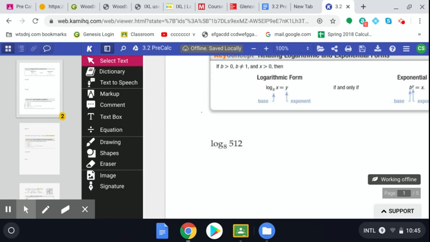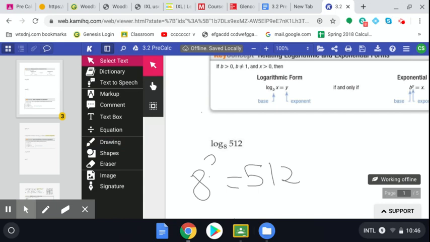So what that means is that if you were to rewrite it in exponent form, you'd say 8 to what power equals 512. Okay, that's what that means.